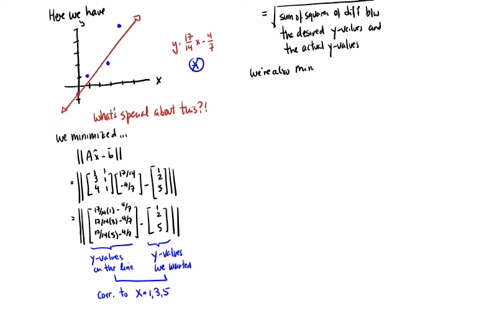In other words, if the number is as small as it can be, then the thing itself is as small as it can be. So we're also minimizing the sum of the squares of the differences of y values between desired and obtained.